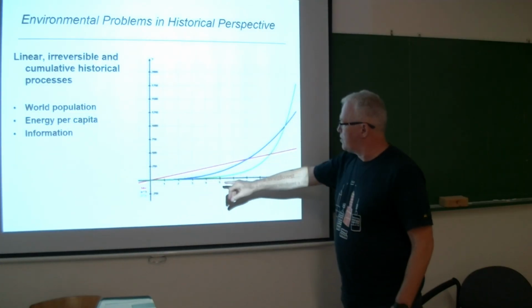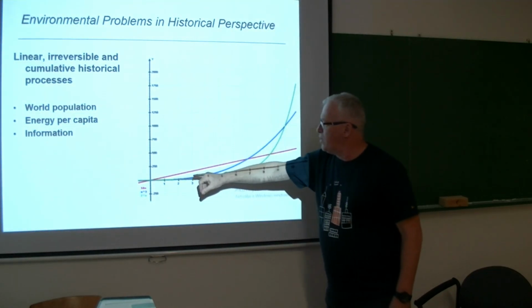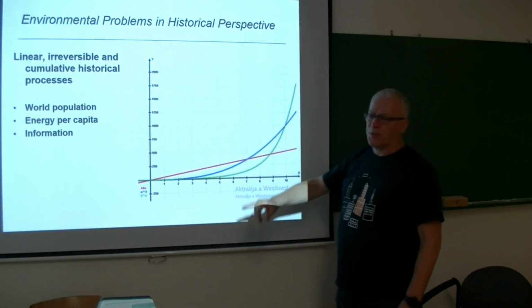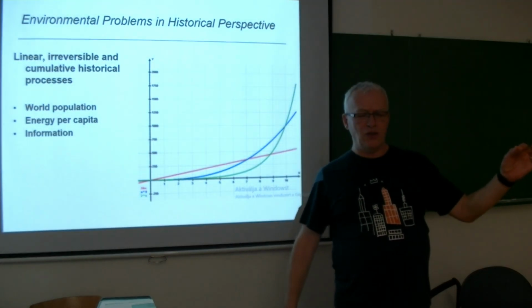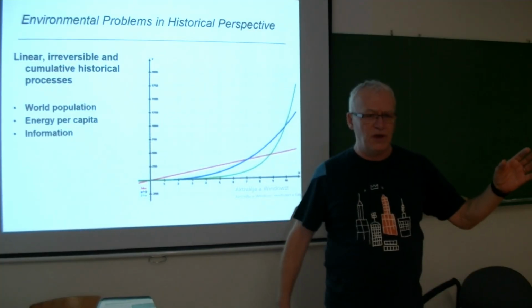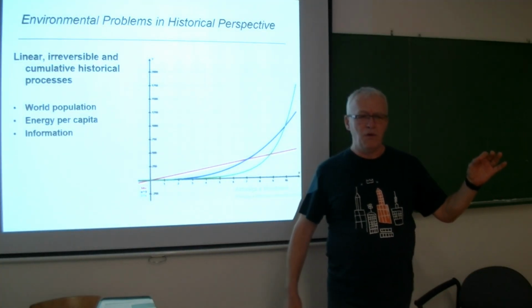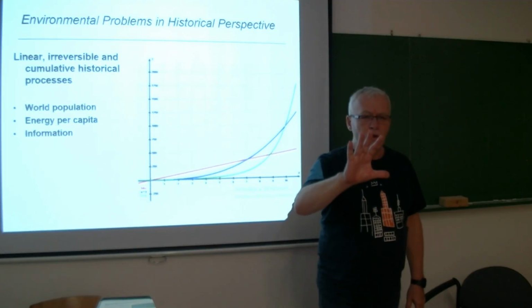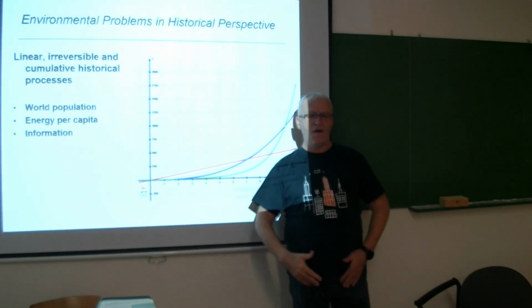If we are looking, this is an exponential trajectory. It's the green line, following an exponential trajectory. It means, for example, that the human population in Africa 7,000 years ago reached 5,000. No more, only 5,000 inhabitants lived in the whole of Africa.